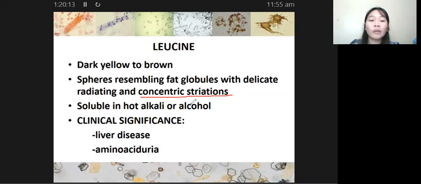So they are soluble in hot alkali or alcohol, and again, clinical significance, huwag kakalimutan, liver disease, La Trinidad Benguet, LTB. We have leucine, tyrosine, and bilirubin. Kung present man siya na mag-isa, it is associated also with your aminoaciduria.